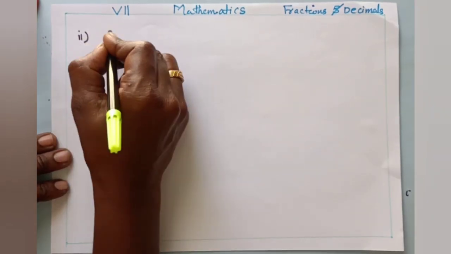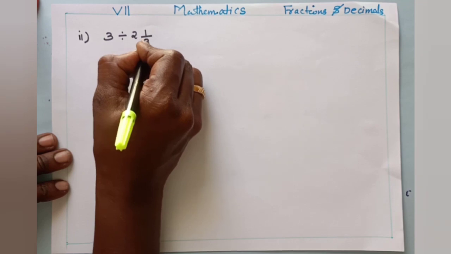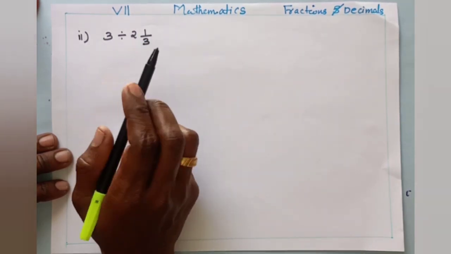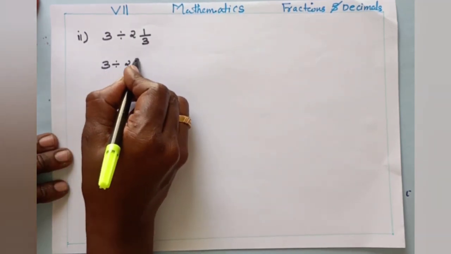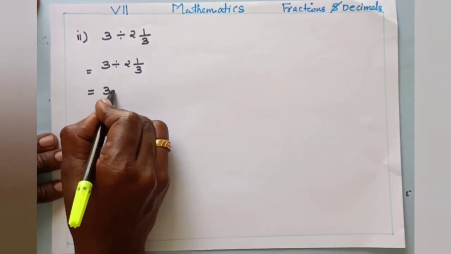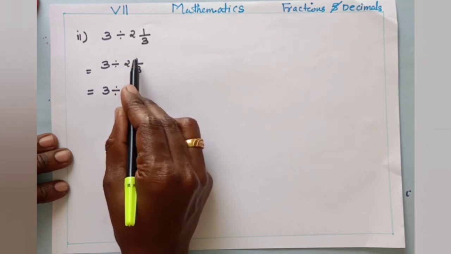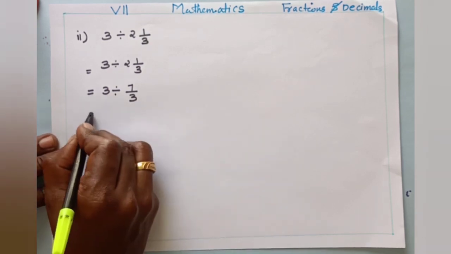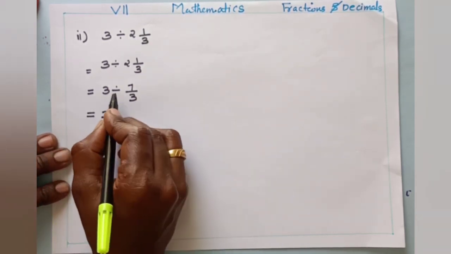Second question. 3 divided by 2 and 1/3. First change this mixed fraction into an improper fraction. So 3 divided by 2 and 1/3 equals 3 divided by (2 into 3 is 6, plus 1) 7/3.